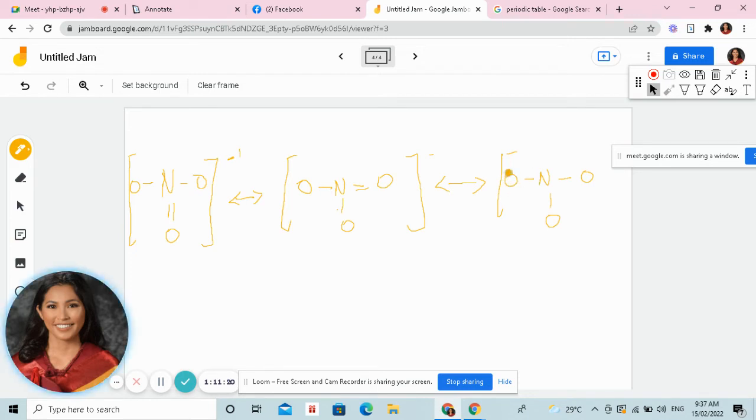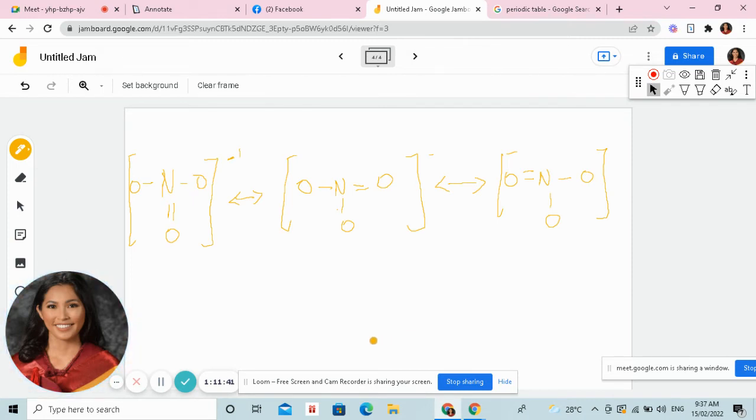Where can we put the other double bond, class? Left side only. Okay, so this one. So these are the three resonance structures of your NO3.